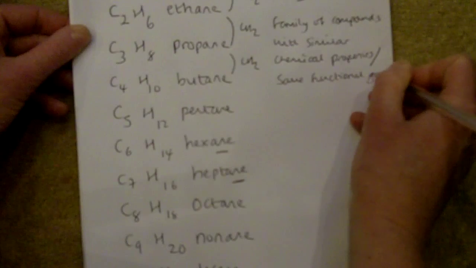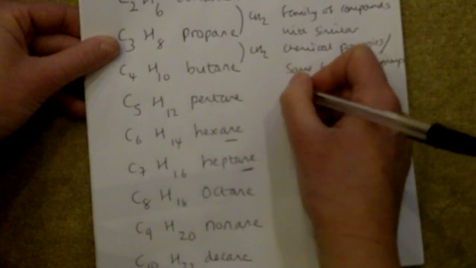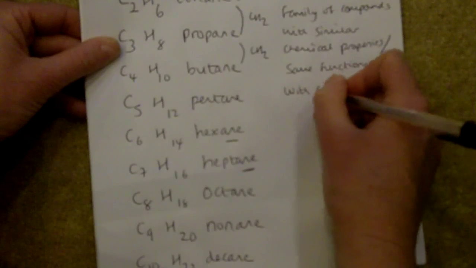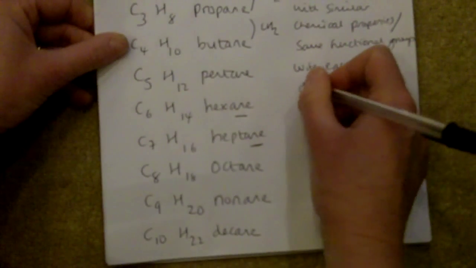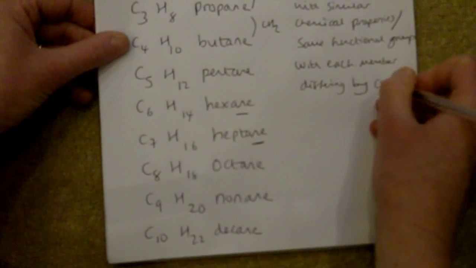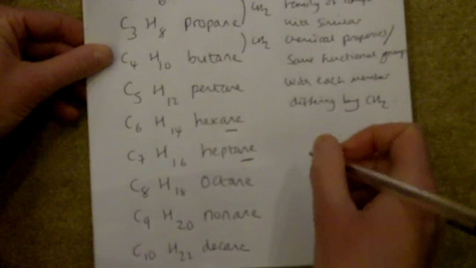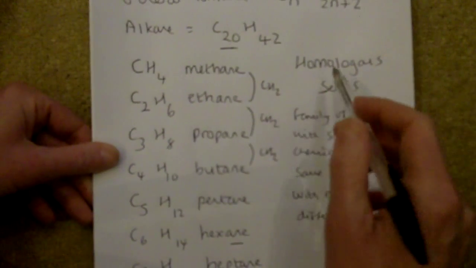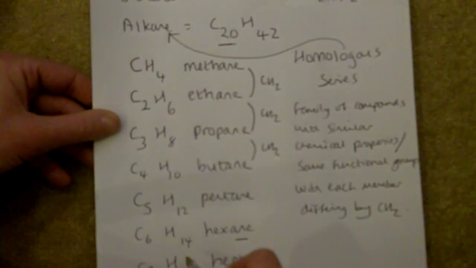More about that in later videos. Same functional group with each member differing by CH2. So each member differing by CH2. That's why it's called a homologous series. So this is a homologous series of alkanes.